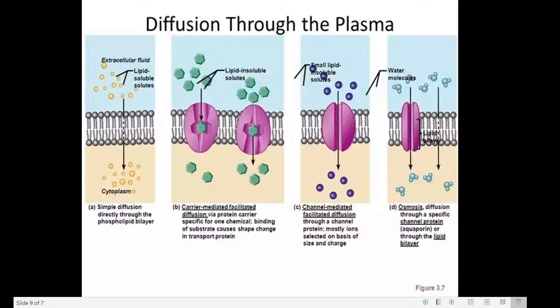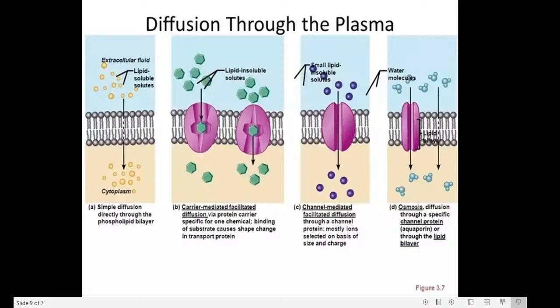Then diffusion through the plasma membrane. Diffusion through the plasma membrane happens in different ways. First is lipid soluble molecules entering, then lipid insoluble molecules entering, then lipid insoluble molecules entering through channels, then water molecules.